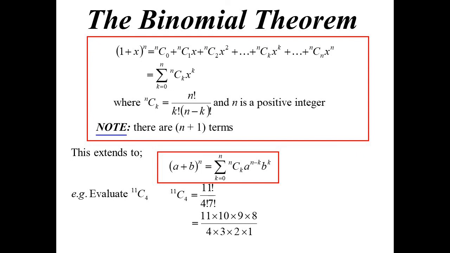And if I roll out the 4 factorial, we can see a lot of cancelling happens here. Things like, well, 4 times 2, that's equal to 8, so that cancels. 3 goes into 9 3 times. So I just have 11 times 10 times 3, 330. So whilst the button on the calculator is very useful, it's still important that we know the actual definition to work out our binomial coefficient.